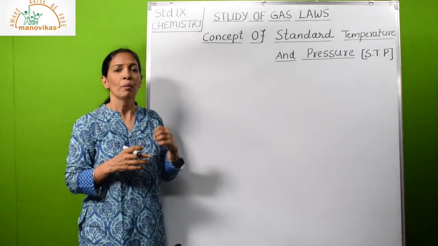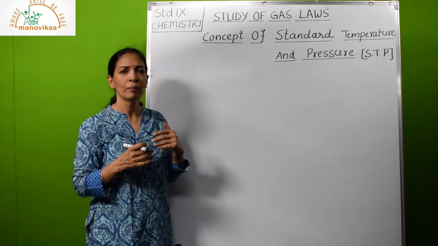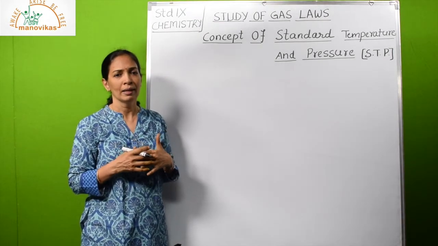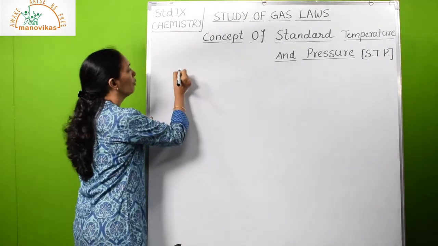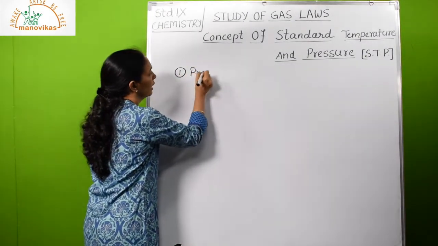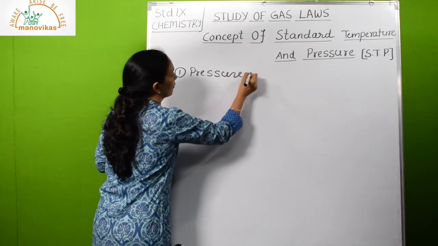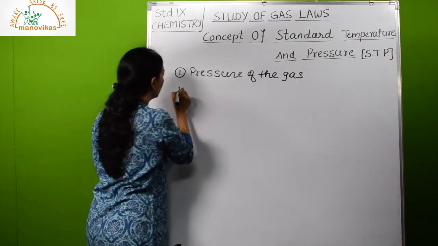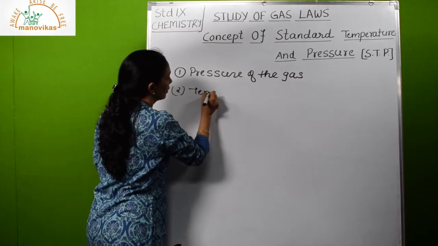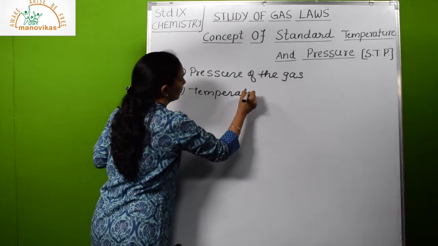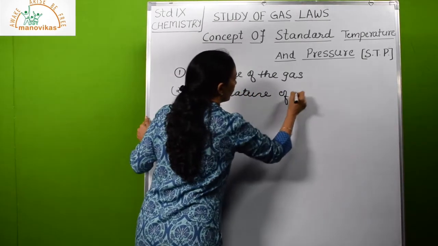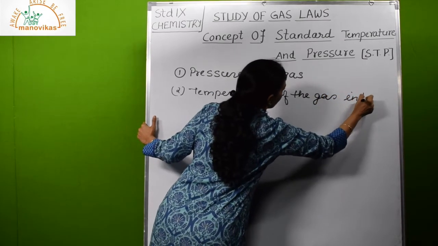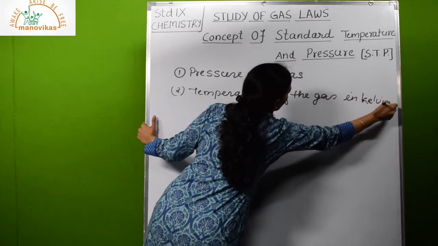By understanding these laws, we have come to the conclusion that the volume of an enclosed mass of a dry gas depends upon first, the pressure of the gas, and second, the temperature of the gas in Kelvin.